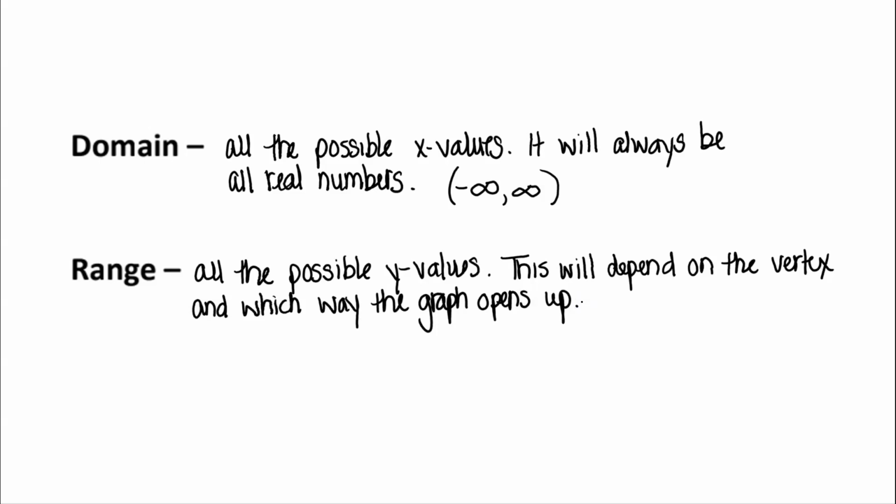If you have a maximum, all your y values have to be that y value or below. If you have a minimum, all your y values have to be that minimum y value or above. So we're going to have to look at the graph to determine what our range will be. But again, our domain will always be all real numbers.